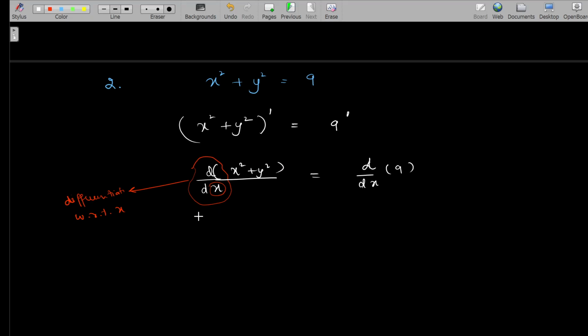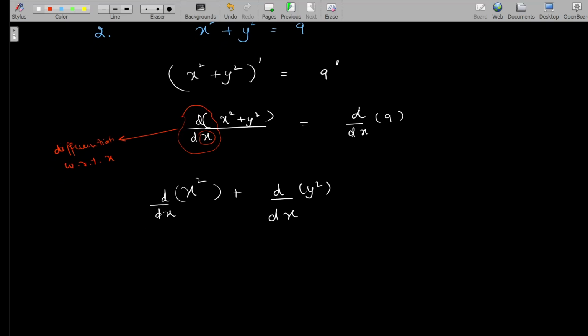Okay Anika, now this is very simple. You can first differentiate x square and then differentiate y square, because this is addition of two functions, x square plus y square. And the derivative of 9 is what?